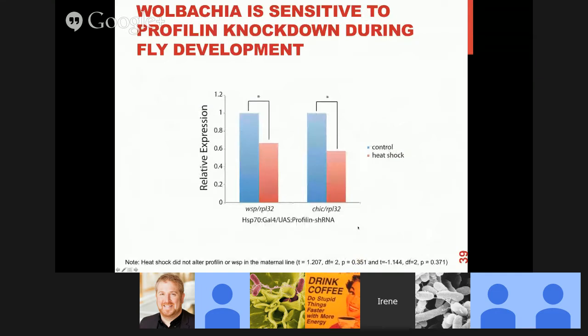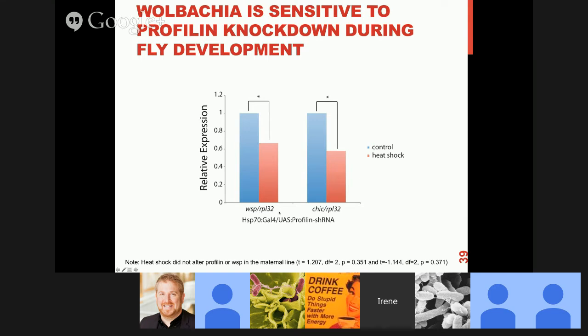Importantly, I should mention, heat shock did not alter either profilin or Wolbachia titers in the maternal line. So in the absence of this driven expression, we don't see any effect of heat on Wolbachia or on profilin expression. What I'm showing you here, in this HSP70 GAL4 profilin knockdown, is the expression of WSP, so Wolbachia titers, here on the left, and the expression of profilin either in the control condition in blue or after heat shock in red.